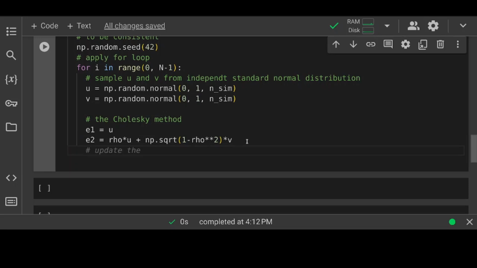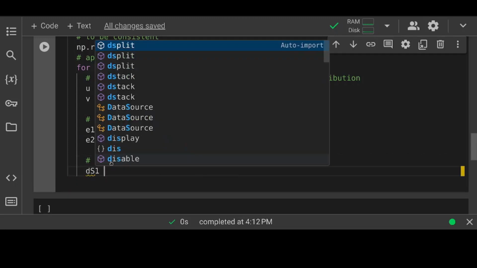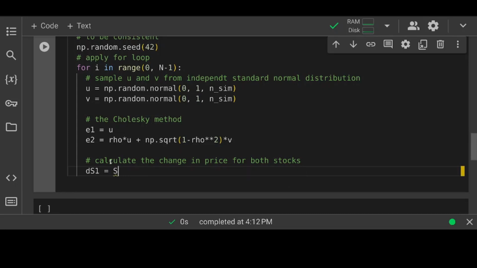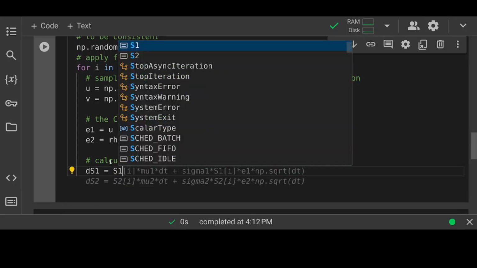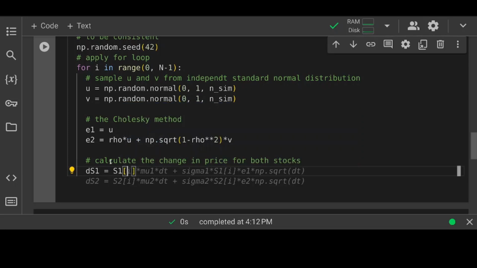Then calculate the change in price for both stocks. So dS1 is equal to S1 at i times mu1 dt.